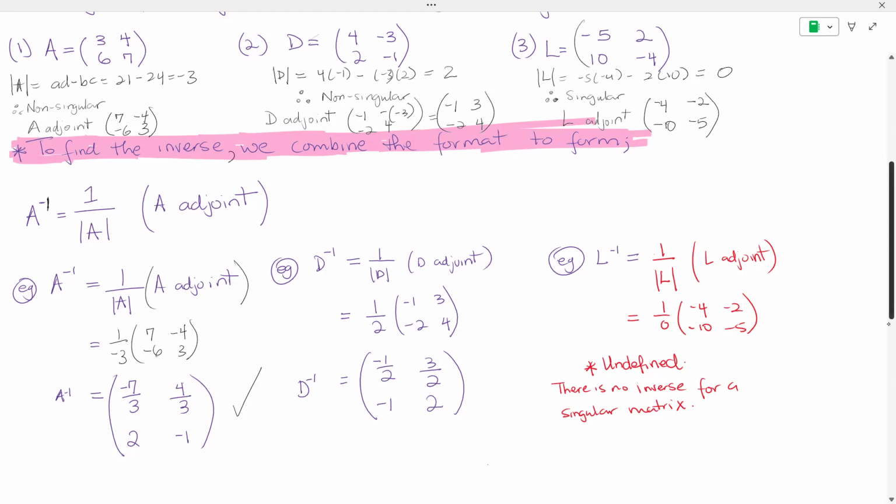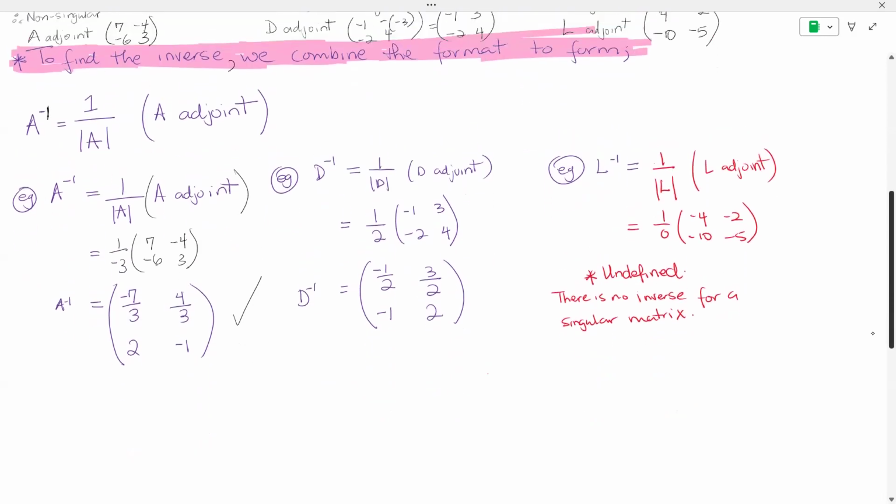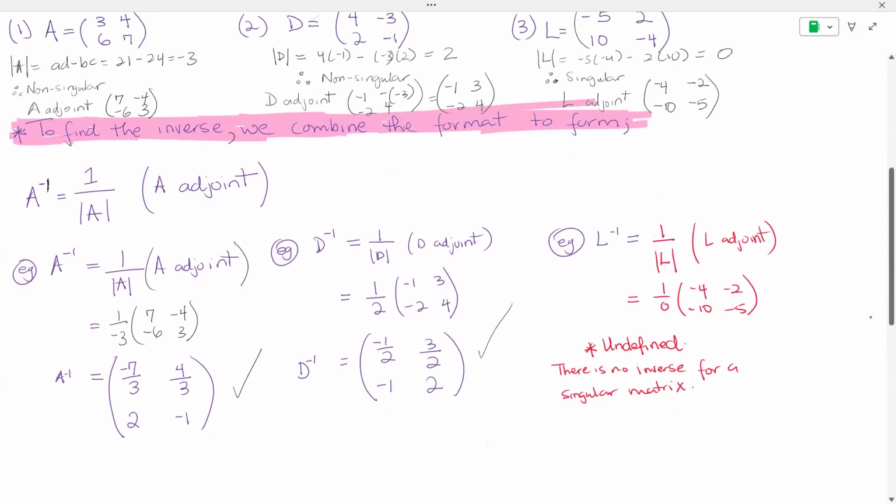Everybody with me and understand what I just said? So we can find the inverse for a non-singular matrix, but we cannot find an inverse for a singular matrix because any number divided by 0 is undefined. Therefore, we cannot calculate it.